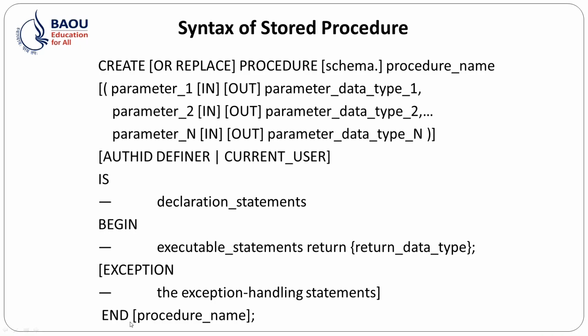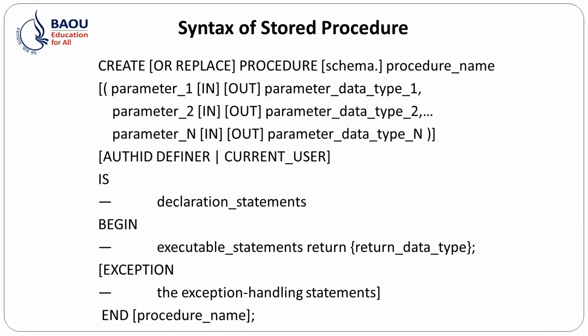And then the end part. Try to understand: CREATE OR REPLACE PROCEDURE means a new procedure is created, or replaced with the new code if a procedure with the same name exists. It will create the new procedure if it does not exist, and if the procedure exists, then it will replace it with the new code. Then the parameter. IS represents the beginning of the body of the procedure.